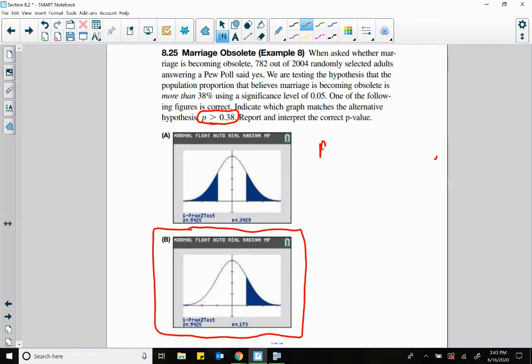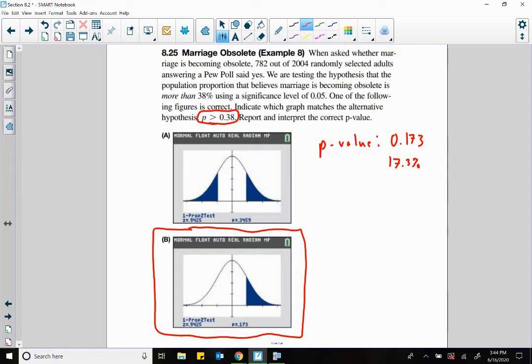So you would say the p-value, easy peasy, is 0.173. Or if you remember, this is a probability, you can call this 17.3%. And again, we've talked about this in the previous section.